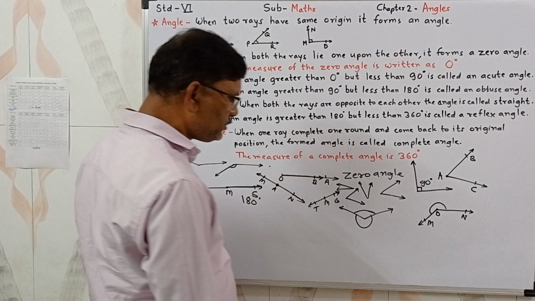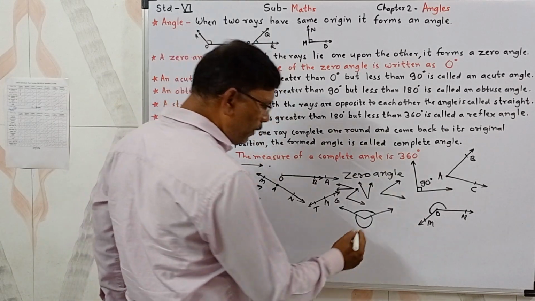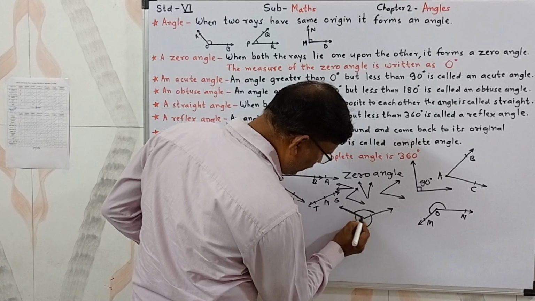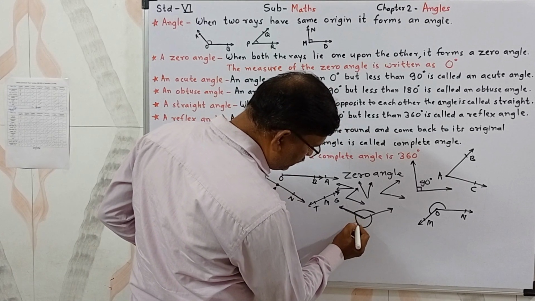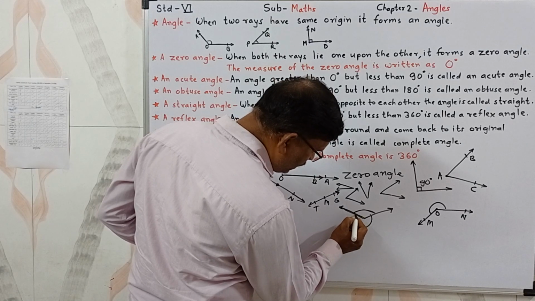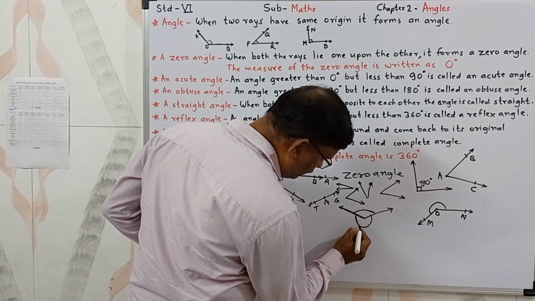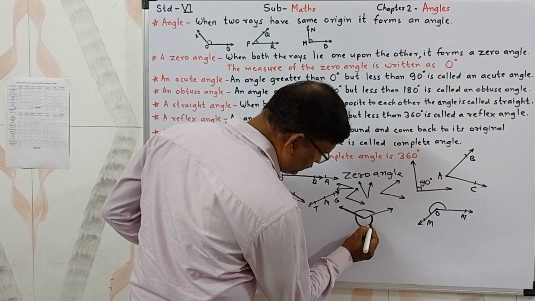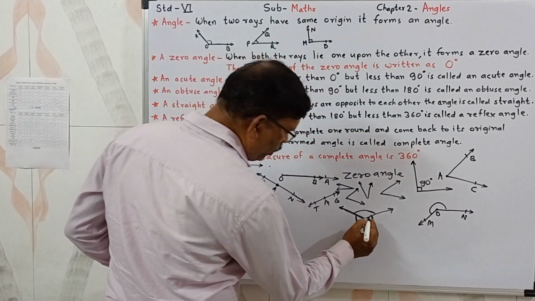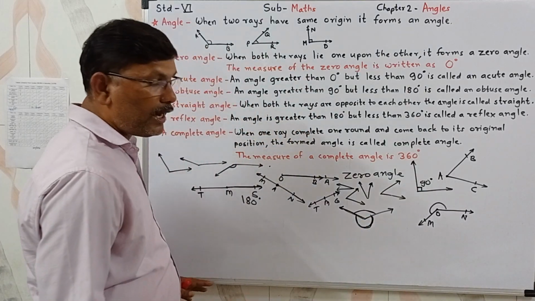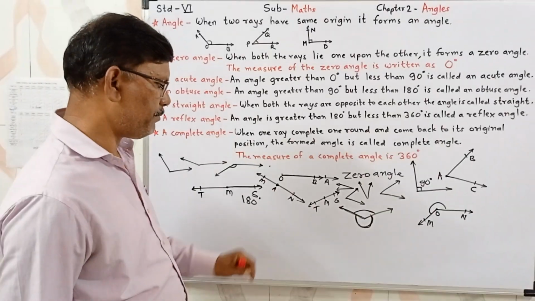And it starts from here. This is the first ray. It starts from here to here, so it becomes a reflex angle this time.